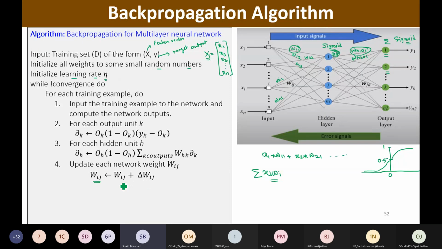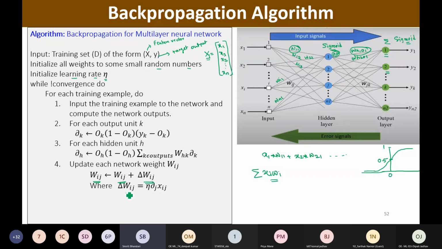So what is this delta Wij? This delta Wij is equal to eta times del j into xij. Right? So this is my small change in the weight.